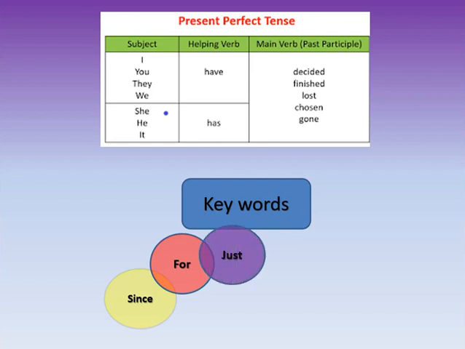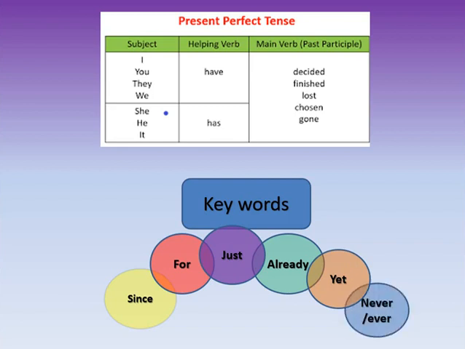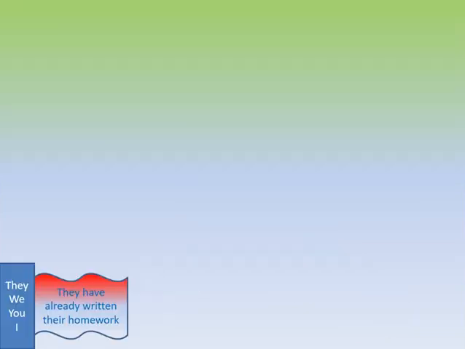I have just written my homework. Already. I have already finished my meal. Yet. I haven't finished my meal yet. Never and ever. Have you ever been to Aqaba? I have never been to Aqaba.